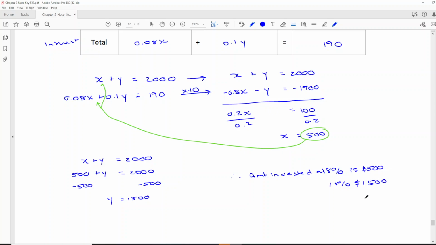And then of course I would always check: do those two numbers add up to 2,000? And if I take 8% of 500 and 10% of 1,500, does that add up to $190? And it does. So that's the second type of mixture problem that you're going to encounter. Have fun.